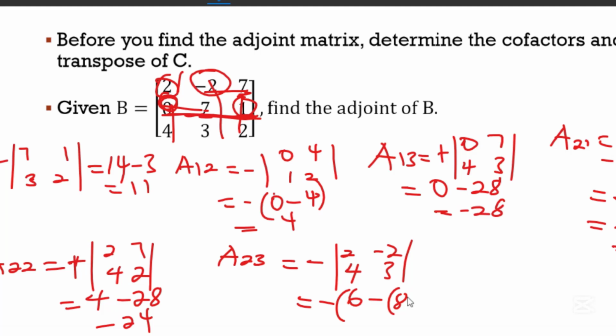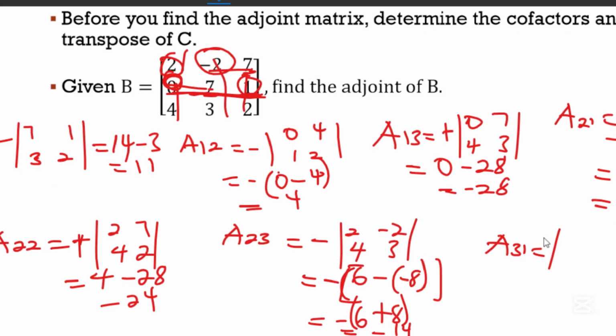Now we come to A31. So we are here. A31 equals, delete all entries in the row of 4 and the column of 4. So we are left with -2, 7, and this is minus plus minus plus.